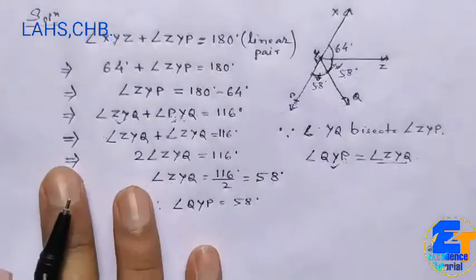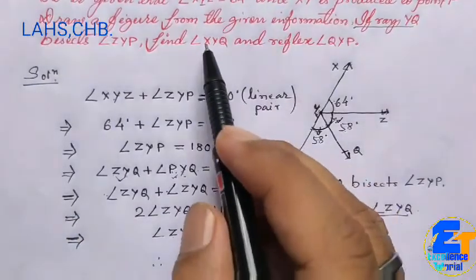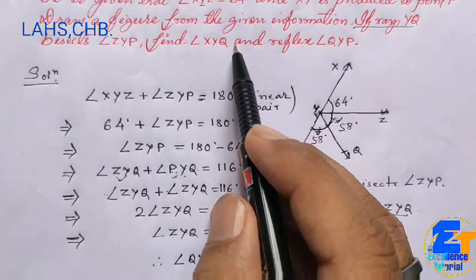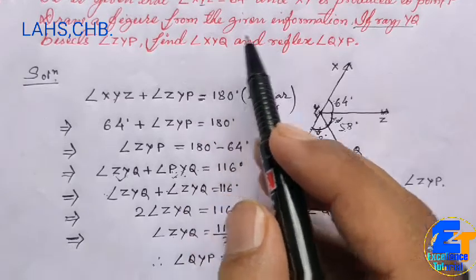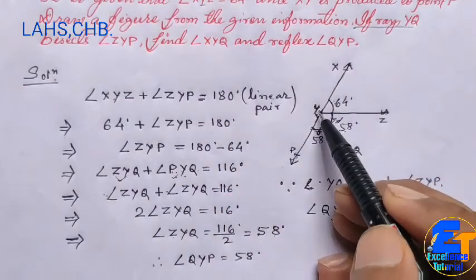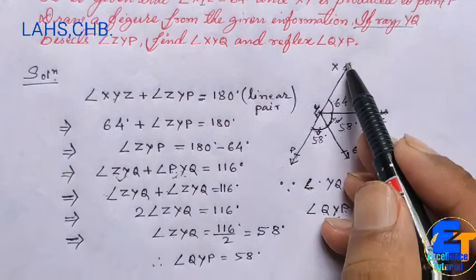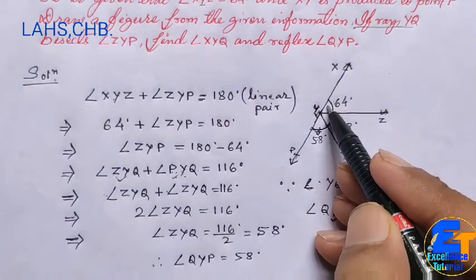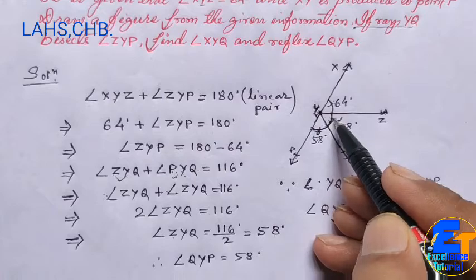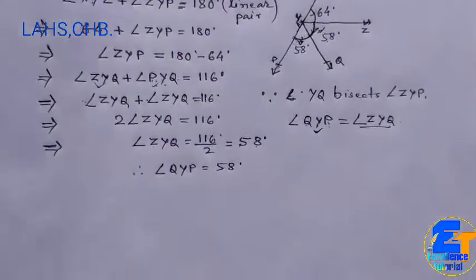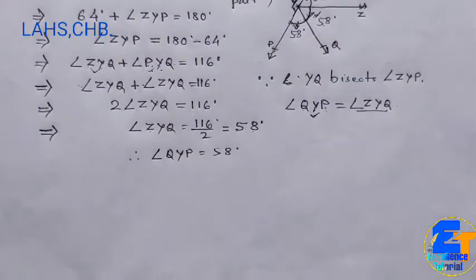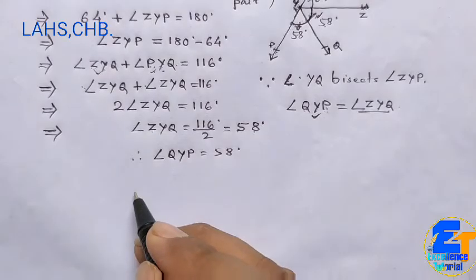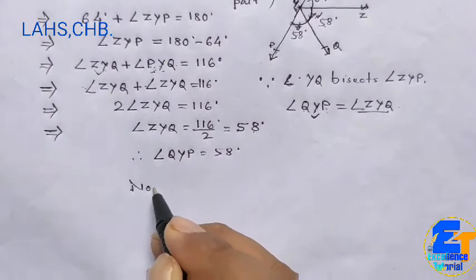Now come to the question. We need to find angle XYQ. Where is it? See in the figure, XYQ can be written as the sum of this angle plus this angle, and we write the same in the next step.